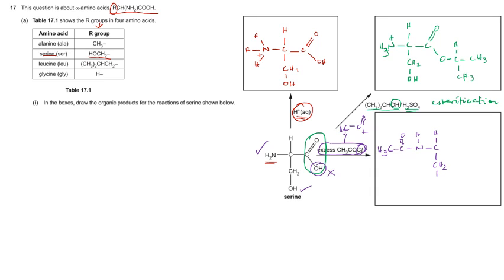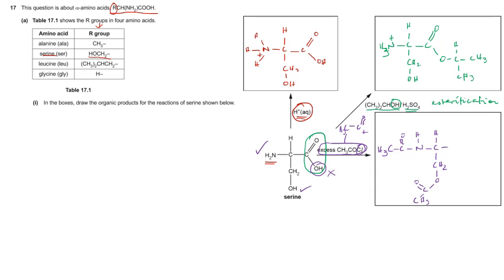Now we come to this alcohol group, and the hydroxyl group of the alcohol there is going to react with our acyl chloride to make an ester. So we're going to have our ester link there, and just going to have a CH3 on the end there, like so.